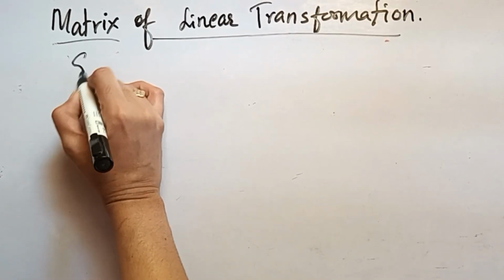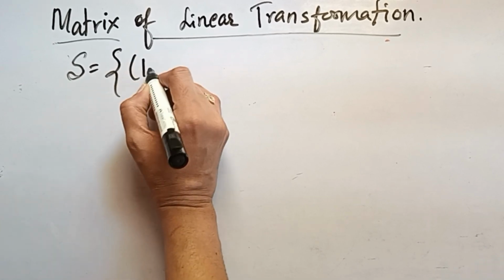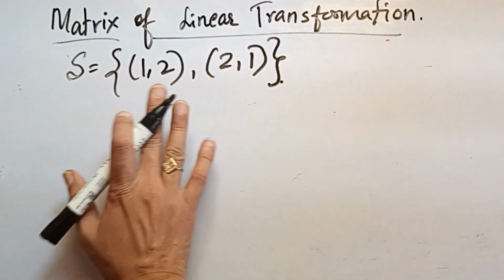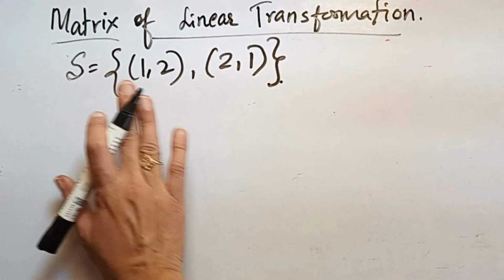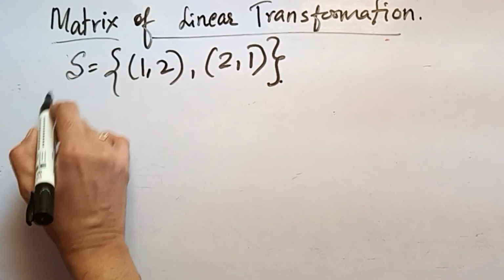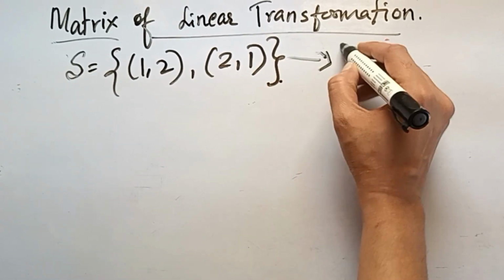Now let us consider a new basis 1, 2 and 2, 1. These two vectors also form a basis because they are not multiples of each other. So they span the whole space R square, basis of R square.